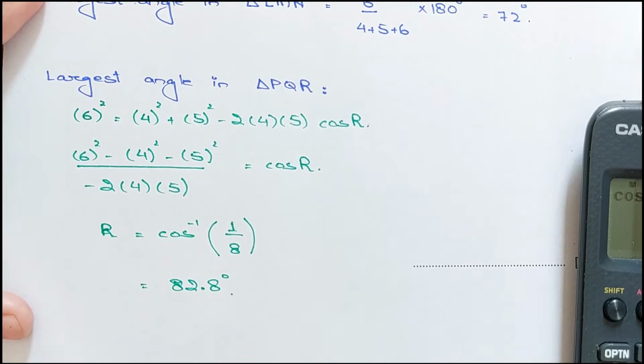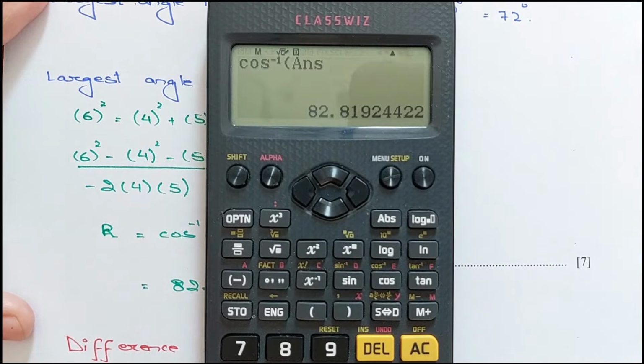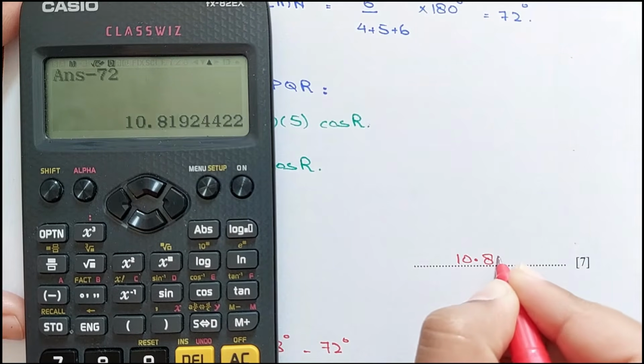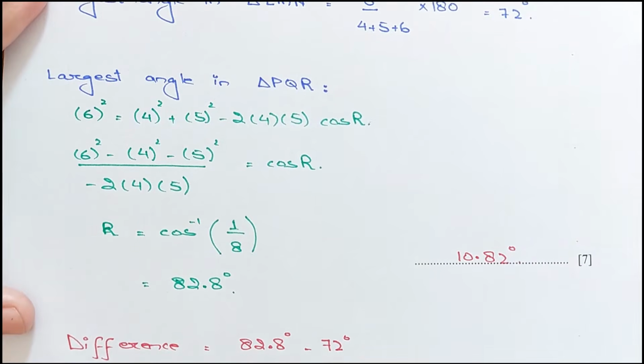So now let me find the difference of the two largest angles in the two triangles. The difference is 82.8 degrees minus 72 degrees, which is 10.8 degrees, or 10.82 degrees. That is the difference between the largest angles in the two triangles.